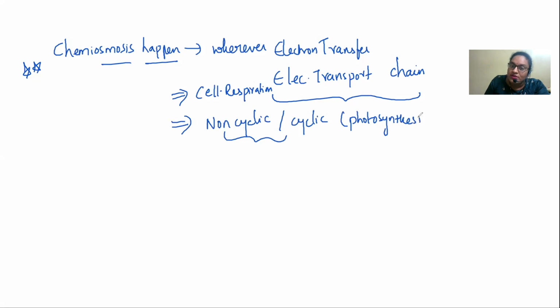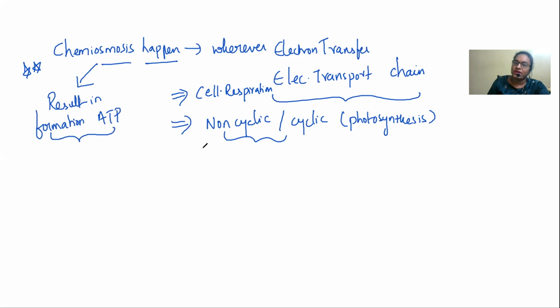So in both cellular respiration and photosynthesis there is an electron transport chain, and there we can see chemiosmosis happening, which results in the formation of ATP. I hope, children, I made it crystal clear what chemiosmosis is, where it is involved, and what it produces.